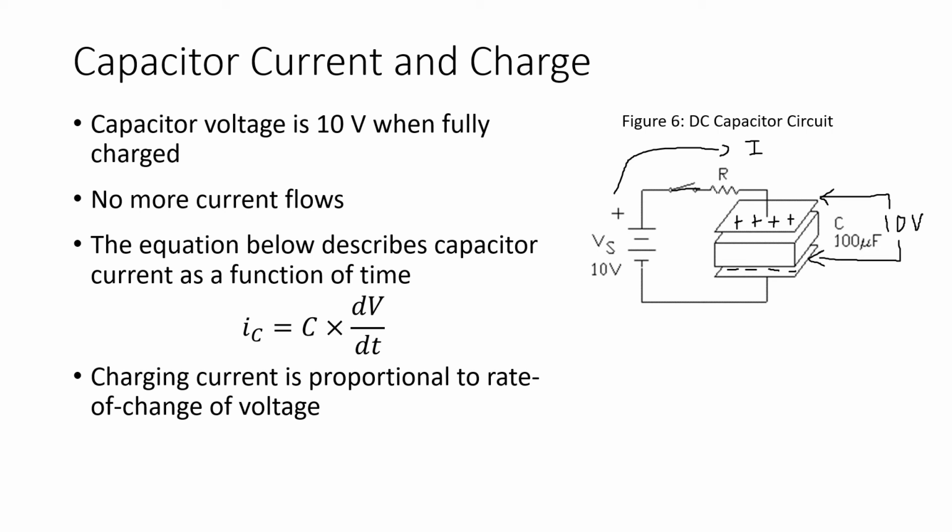And after the capacitor is fully charged, the current will go to 0. So I'm going to erase that. Now, we can explain this mathematically by saying that when the capacitor voltage equals 10 volts and the source voltage is 10 volts, there'll be no voltage dropped across the resistor.